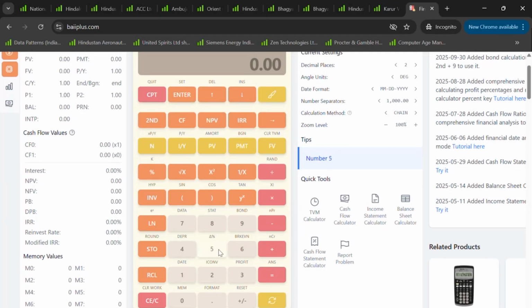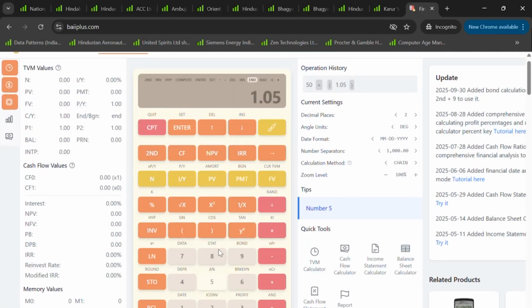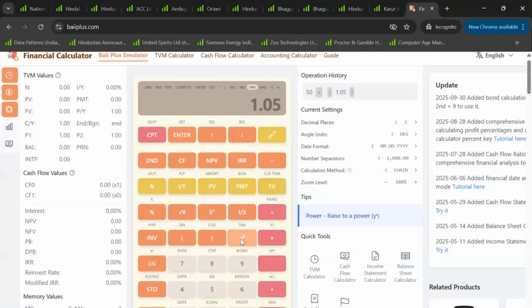Now see, what is so difficult? Look at the screen. I am doing 50, right? Into open brackets 1.05, correct? Close brackets. And raised to the power of, correct? Here, raised to the power of 0.5, correct?